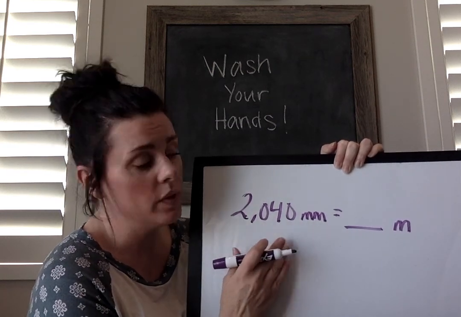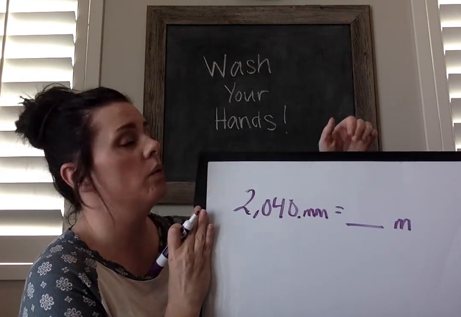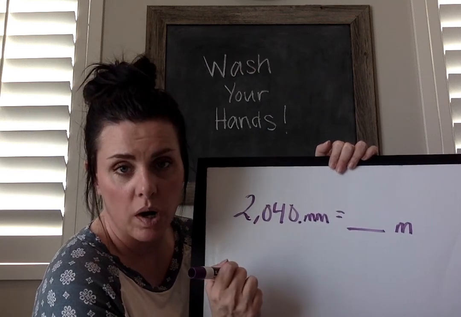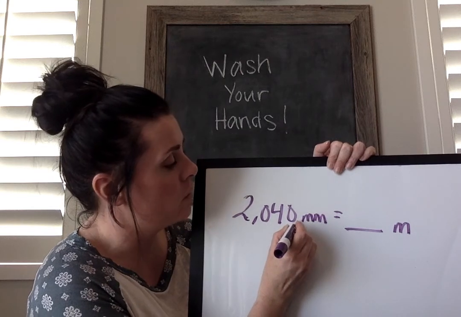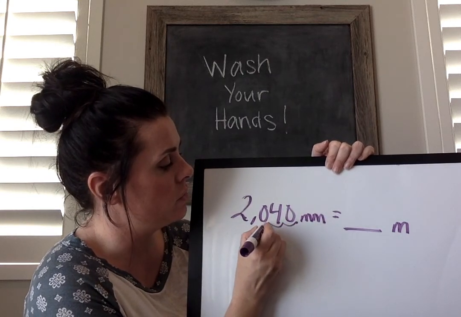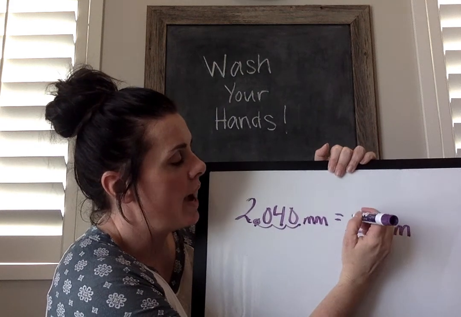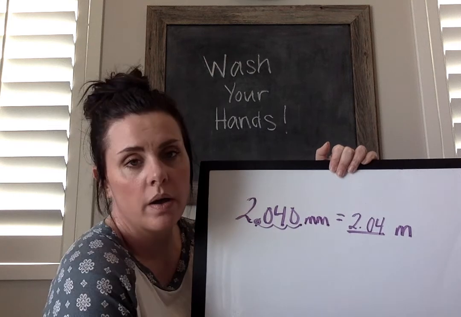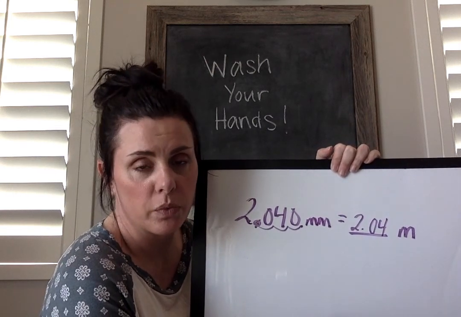The way I can do that, honestly, is just to move my decimal point over. I don't have to actually do a whole division problem. If I'm dividing by 1,000, I can take my decimal point and go this way 1, 2, 3 times. My decimal moves right there, so I have 2.04 meters. And that's your answer for number 3.